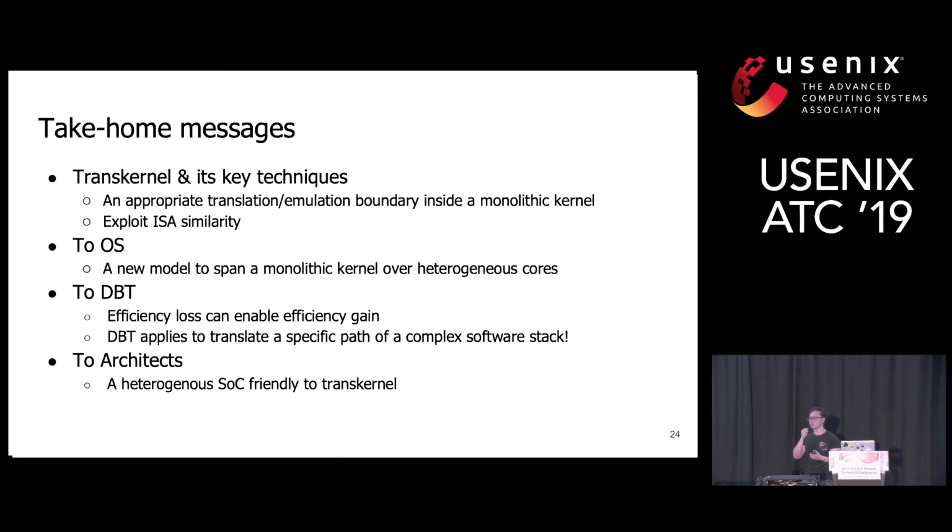That is a very good question. The ISA similarity we exploit here is based on the assumption that they are from the same ISA family, however with different profiles. That is the assumption that we think is made by the architect. So they choose to implement a different profile that has simpler semantics so that they can have energy saving.